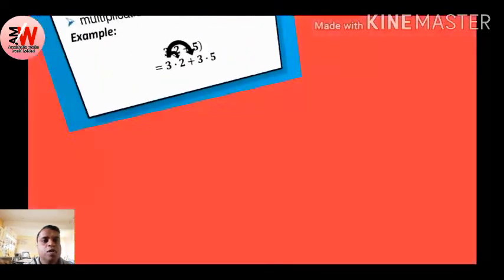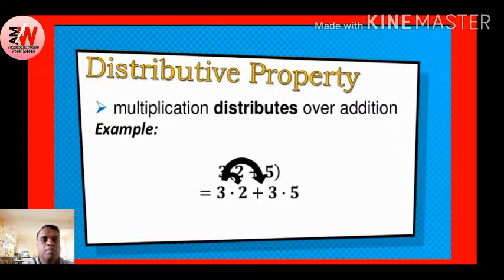Next we move to the third property, called the distributive property: multiplication distributive over addition. Here we have to use both multiplication and addition. See here: 3 into bracket 2 plus 5 equals 3 into 2 plus 3 into 5.